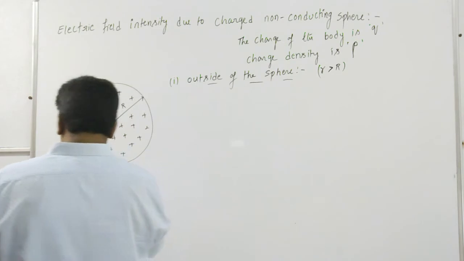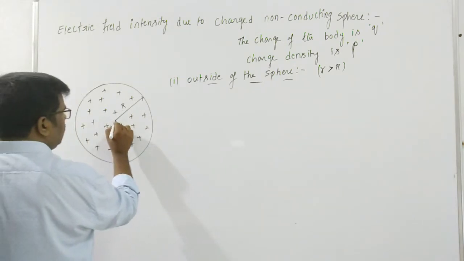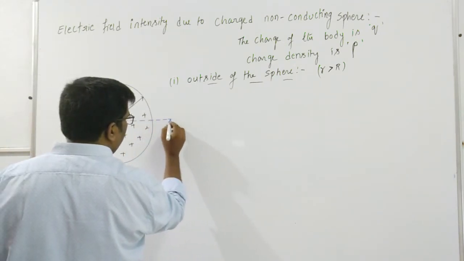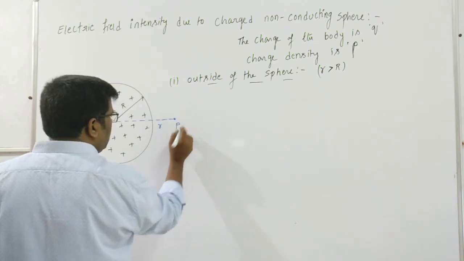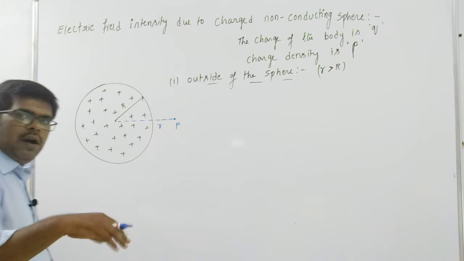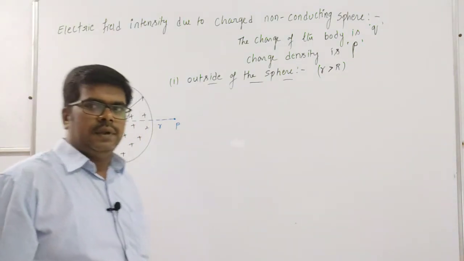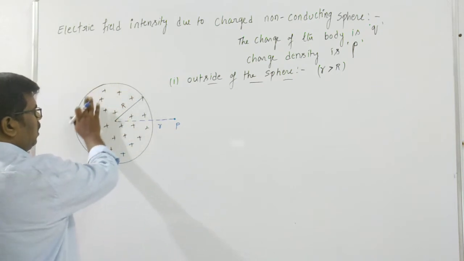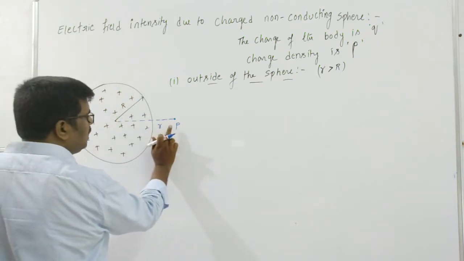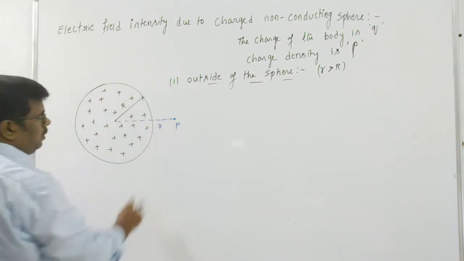Now I am taking a point. This is the point P, outside of the sphere. Due to this charged non-conducting body, what is the electric field intensity here? We need to find out.